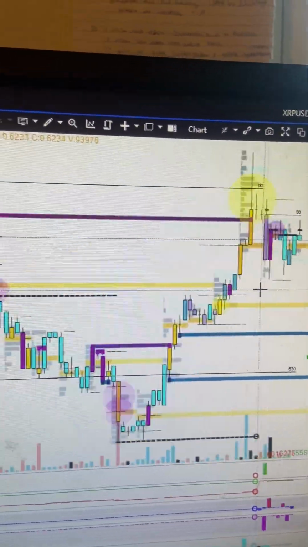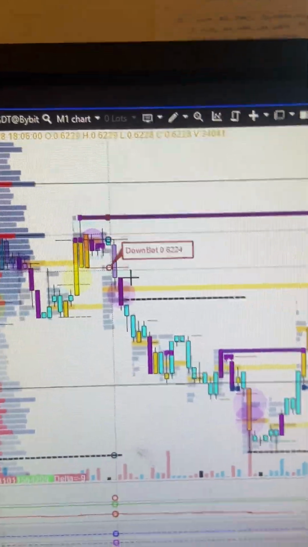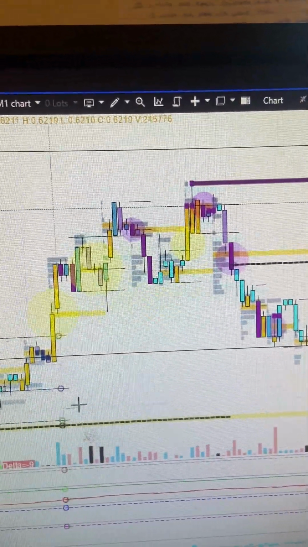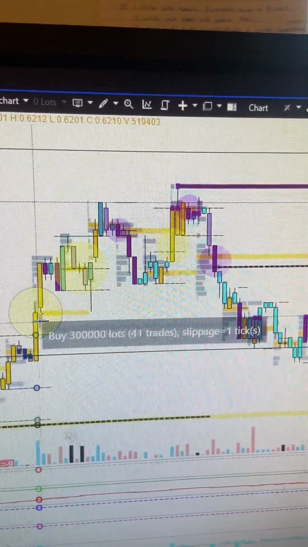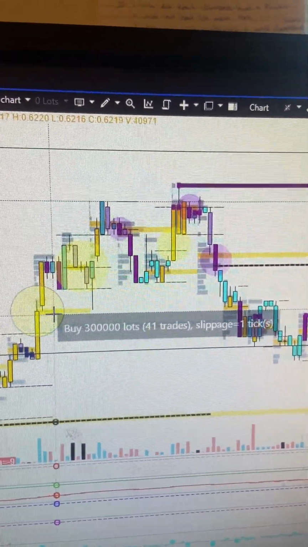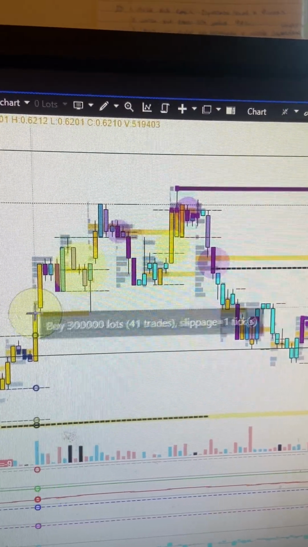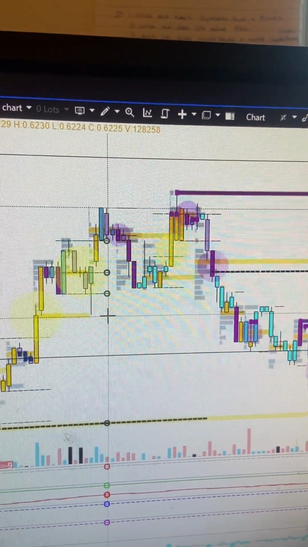Typically, pull right back into your order block that influenced this buy. So obviously right there's a good order block. It shows 300,000. There's your point of control. This is a very high probability area.